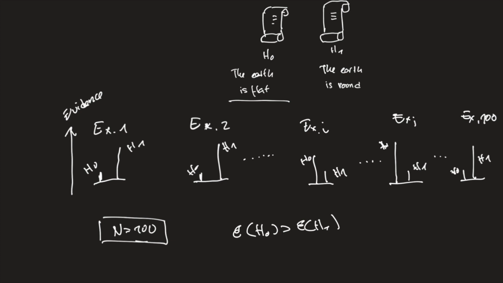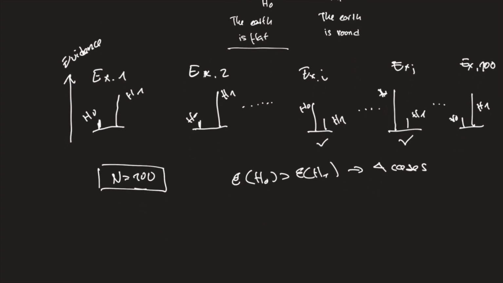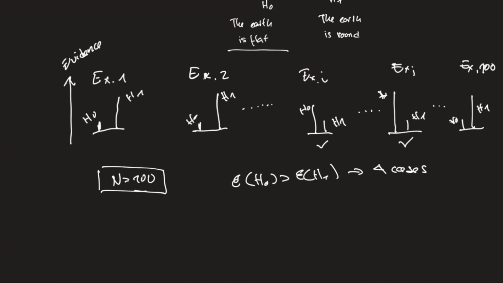Well, i was one of them, and j was one of them, and I can tell you that we had 4 of these cases. And of these 4 cases, obviously we had then 96 cases where we had the opposite. So we have more evidence of the Earth being rounded than the Earth being flat.